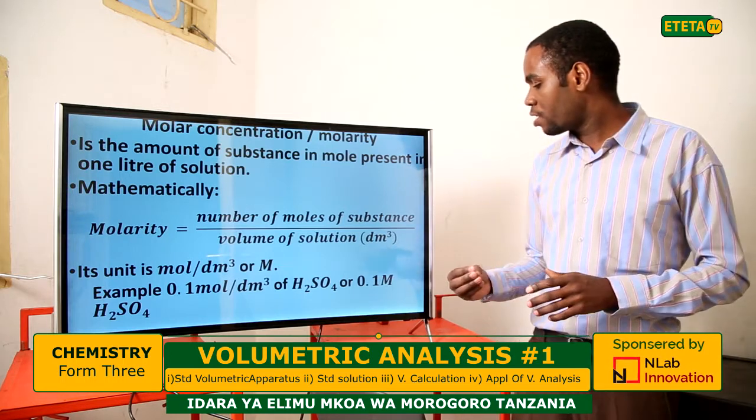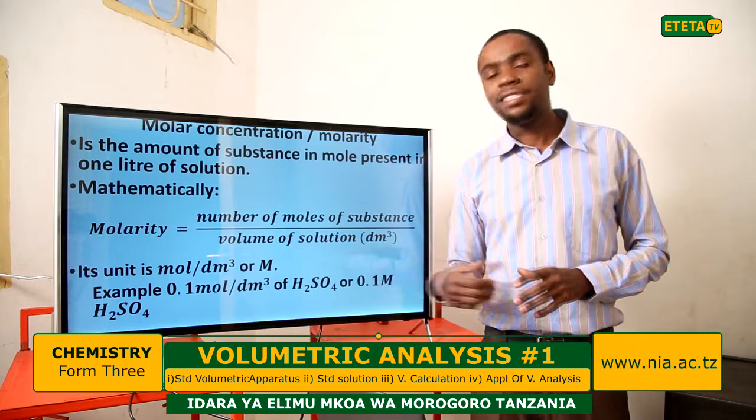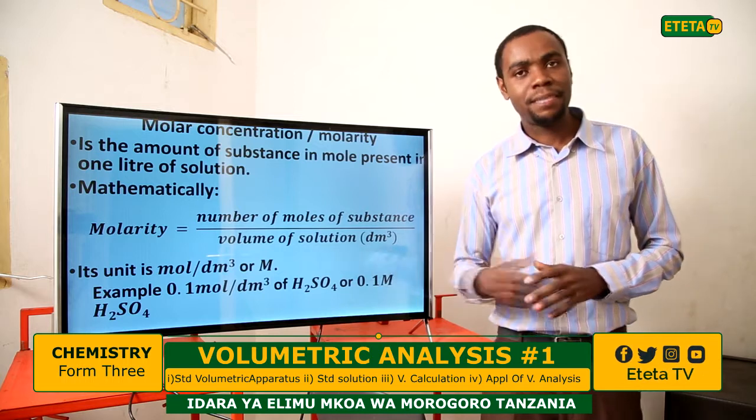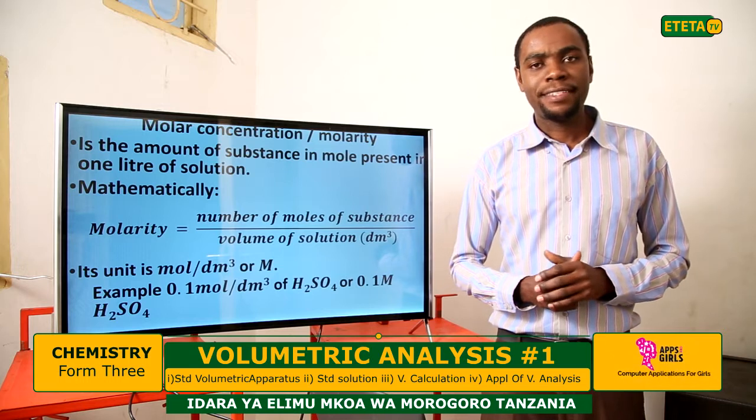Or if you say 0.1 capital M sulfuric acid, it is the same as 0.1 mole per decimeter cube.